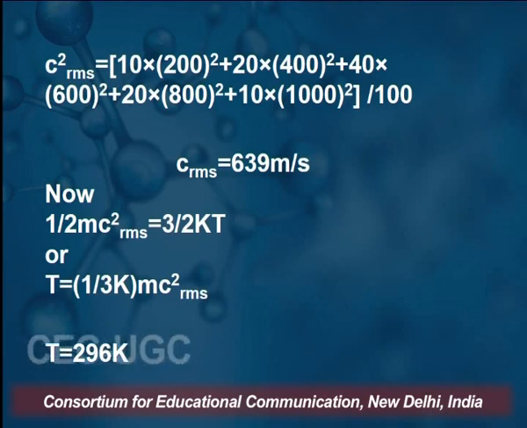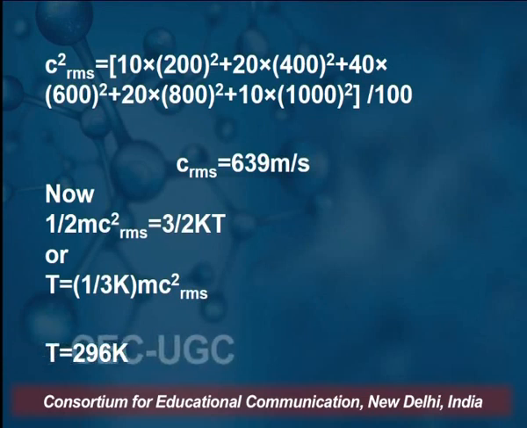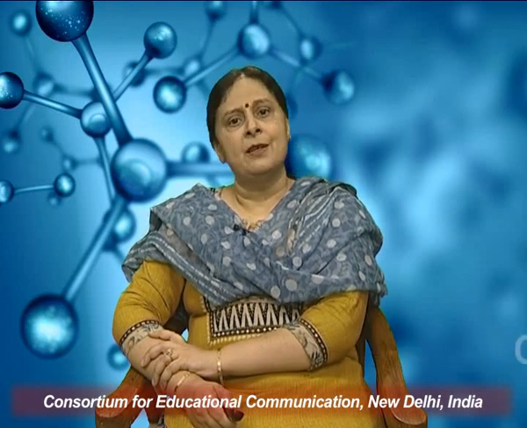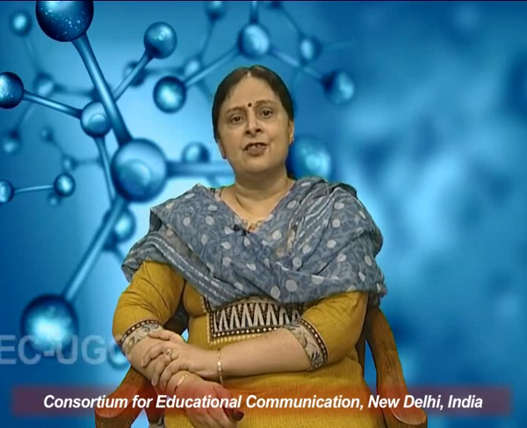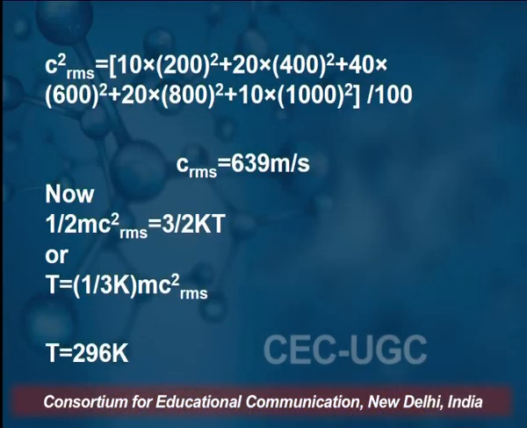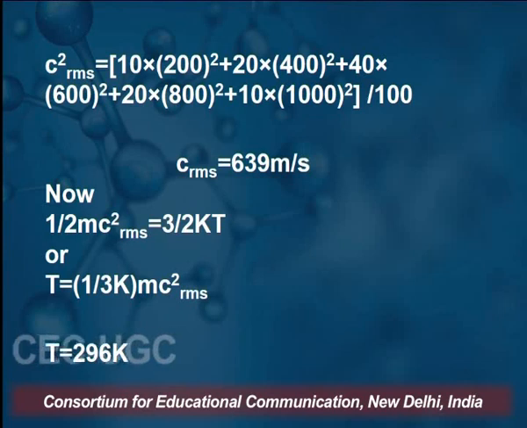Further, the general expression is half m C RMS square is equal to 3 by 2 kT. Now if you remember, in my last lecture I had discussed the principle of equipartition of energy, and 3 by 2 kT represents the kinetic energy associated with the gas molecule using classical expressions. So what do we have after simplifying this?